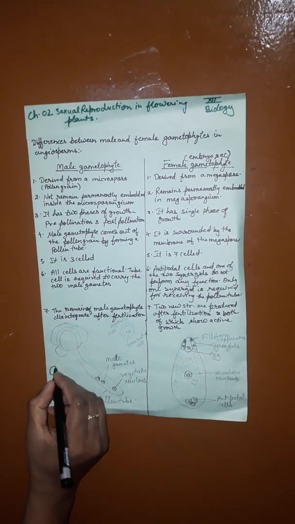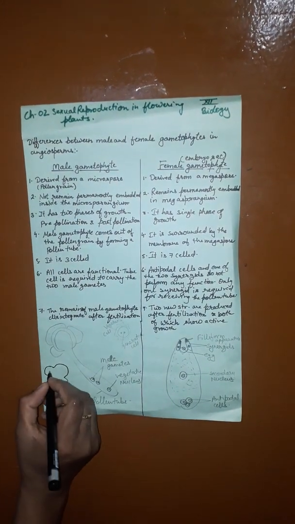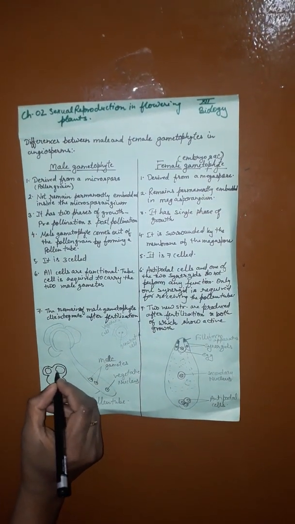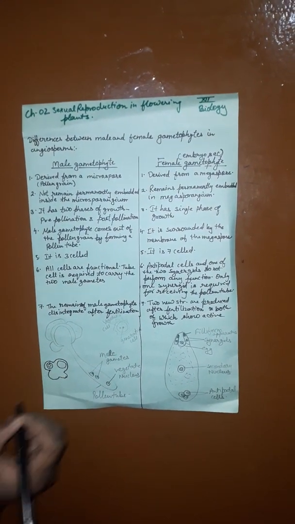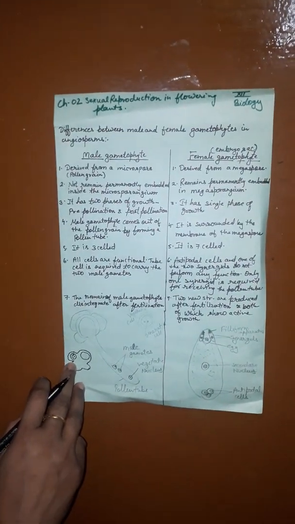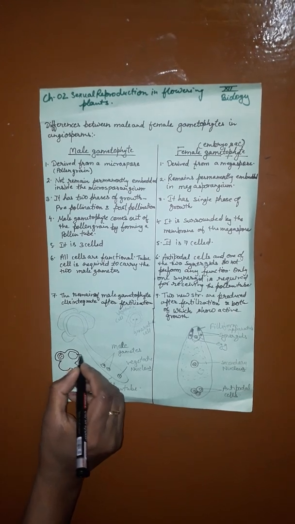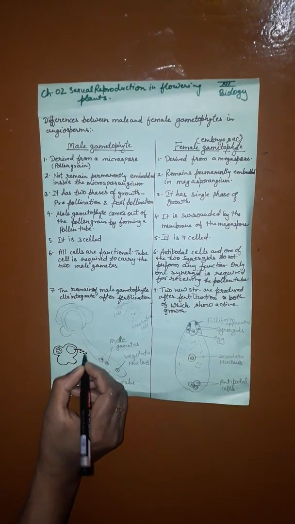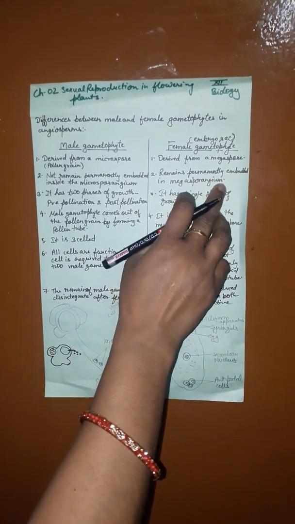See here, this is the structure of the anther, and these pollen sacs are called microsporangium, and they contain microspores, that is pollen grains. They are not permanently embedded inside the microsporangium. The anther bursts out and the pollen grains are released outside.